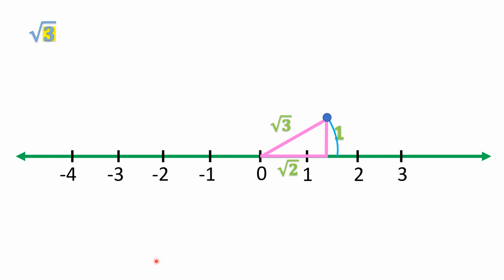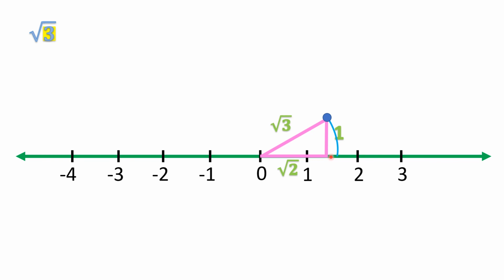Now, as we have seen in the previous question also, the point where the arc meets the line will be root 3, the number we were searching for. The point where the arc touches the line is this red point, the highlighted point.